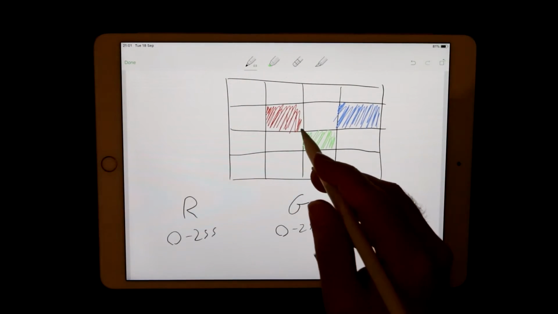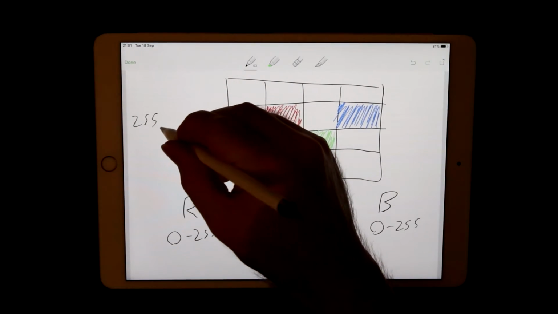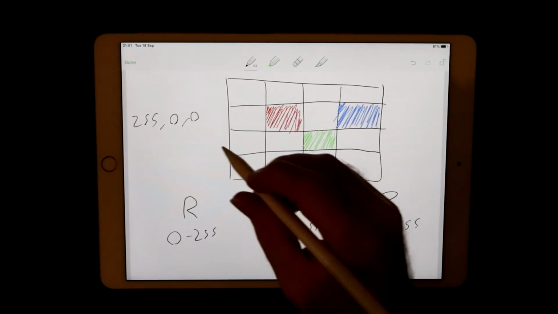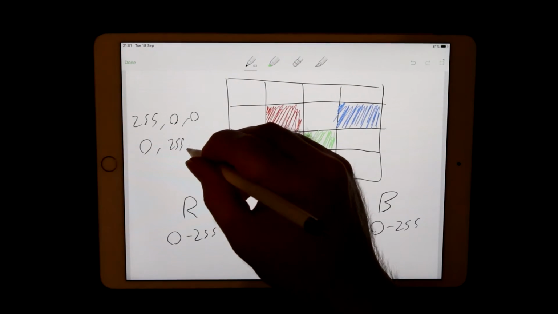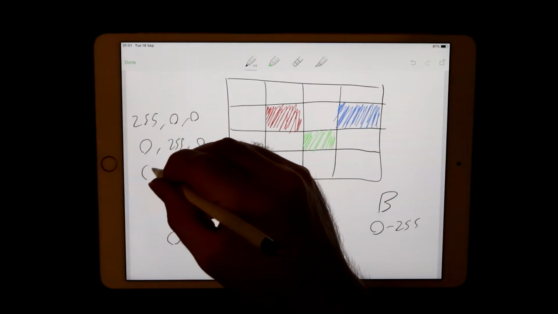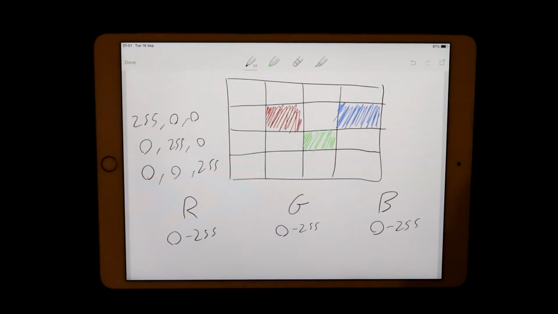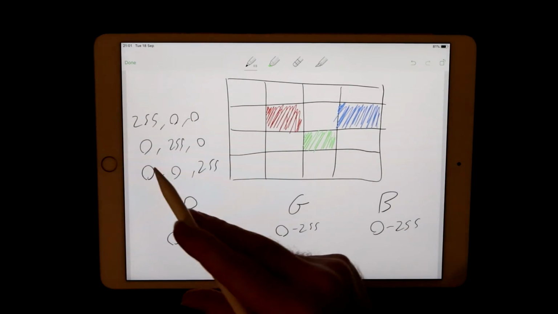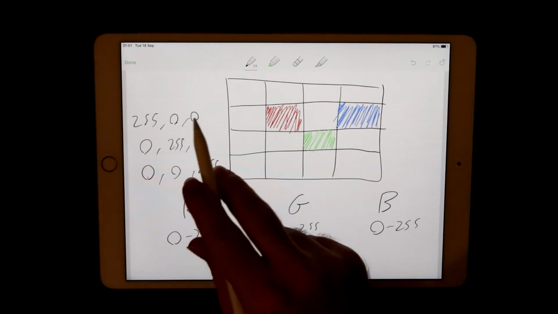So our red pixel would be 255 0 0. Our green pixel would be 0 255 0, and our blue pixel would be 0 0 255. And to get other colours, you would mix in various different values in there.